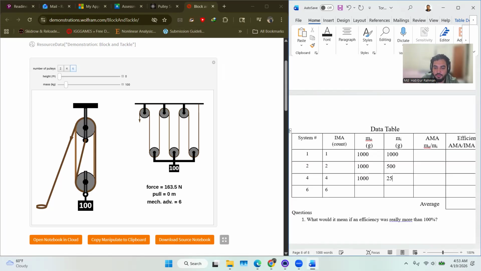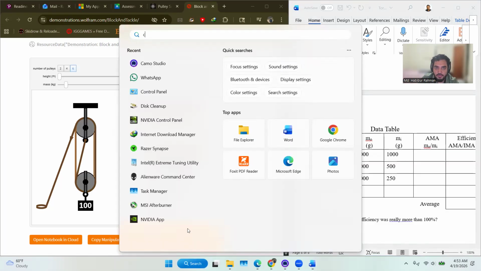That one will be 250, and it will be, let me see, 1/6. 1/6 is, let me use the calculator.